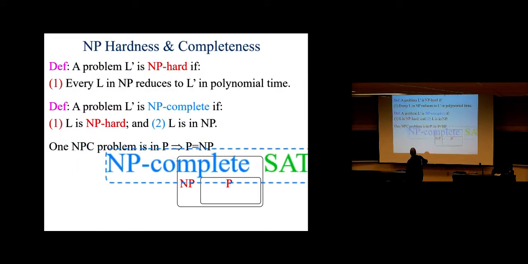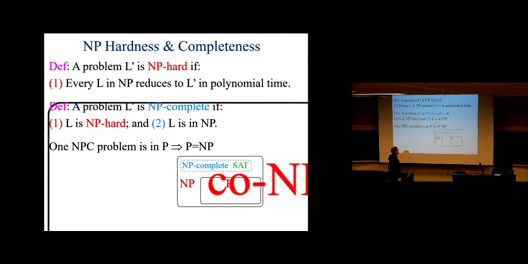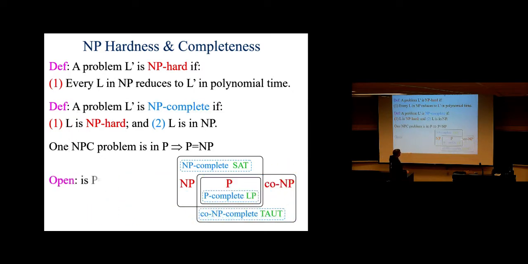We said a problem is NP-complete if it's NP-hard, and also if the problem itself is in NP. And it's NP-hard if every problem in NP reduces to it, in the sense that we showed in the previous slide. And it gives rise to complexity classes: polynomial time, non-deterministic polynomial time, and a few other classes around it.